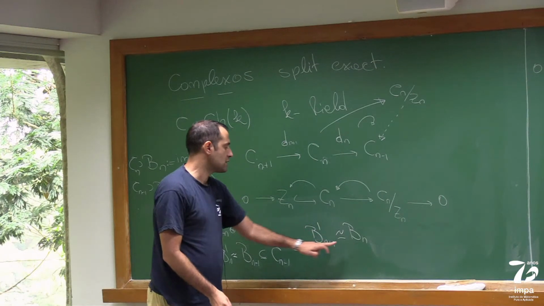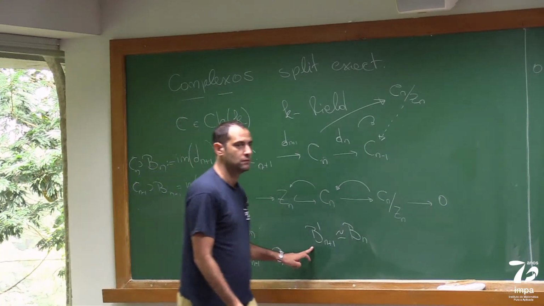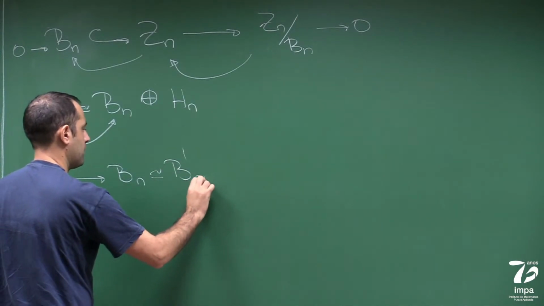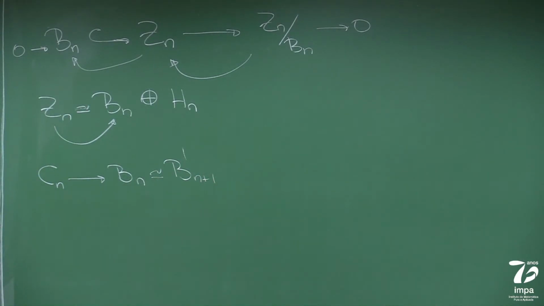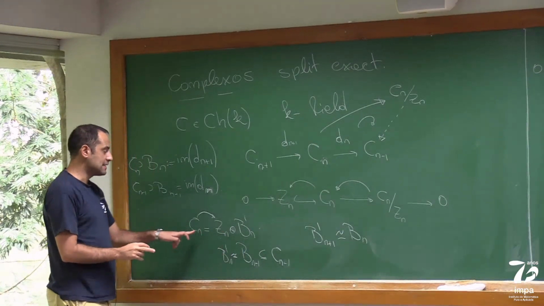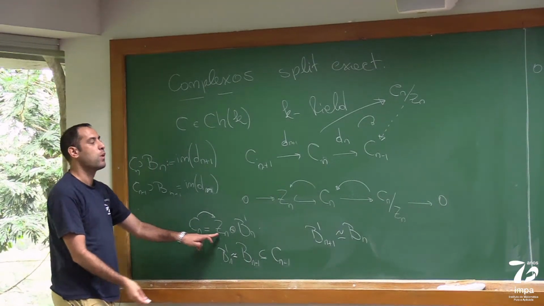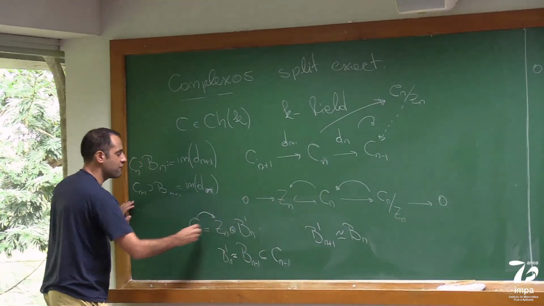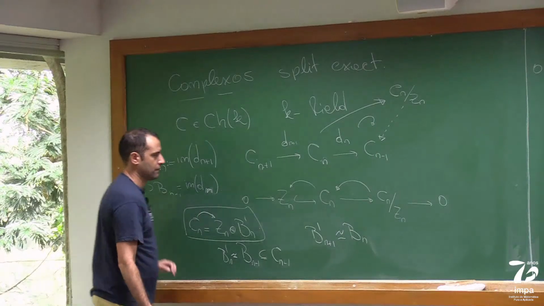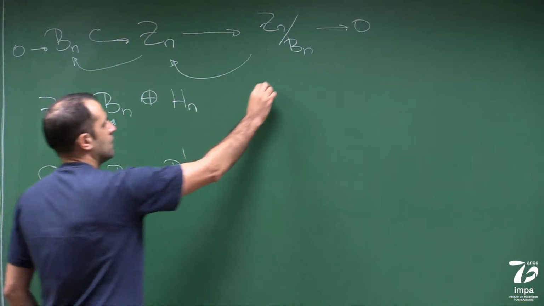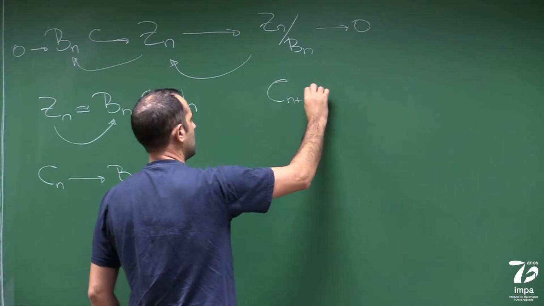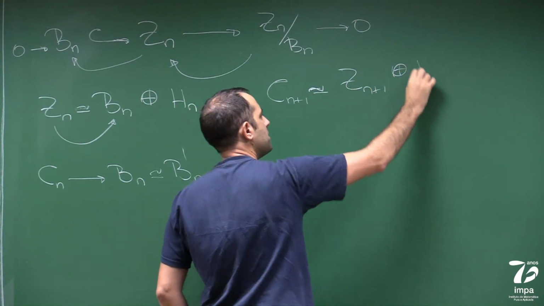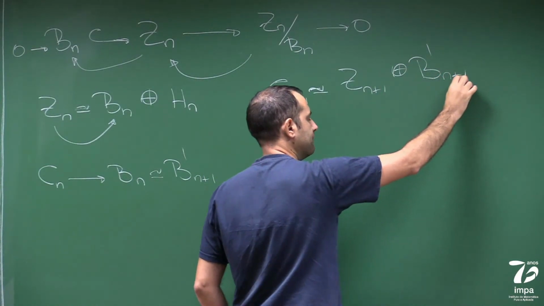But Bn is isomorphic to B prime n plus 1. And B prime n plus 1 is inside of Cn plus 1. It's one of the splittings that we've chosen for n plus 1 here. Right? So let's rewrite this equation here as Cn plus 1, which is isomorphic to Zn plus 1 plus B prime n plus 1.